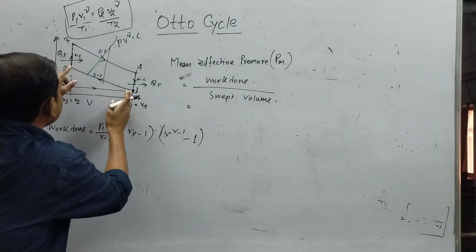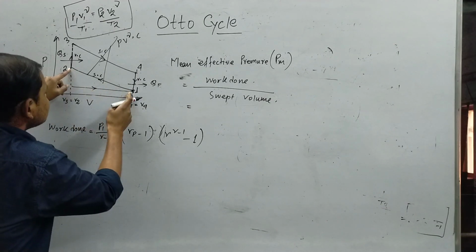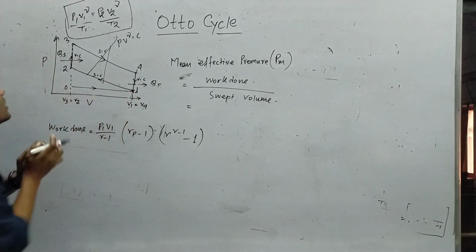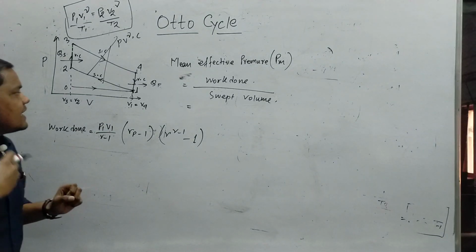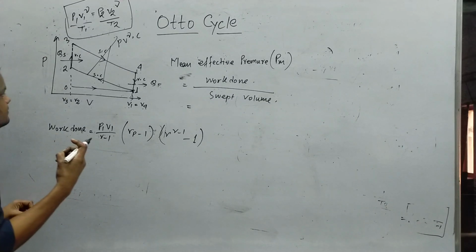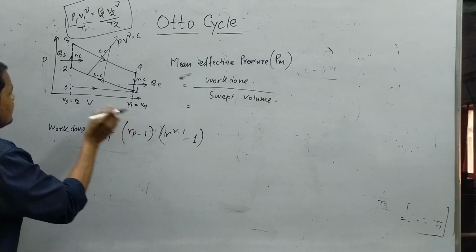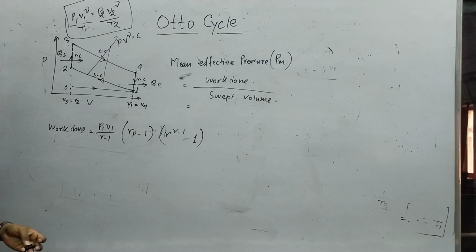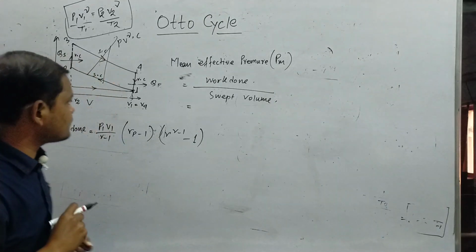The volume between these two is called the swept volume, and it is the difference between the total volume V1 and the clearance volume. If we deduct the clearance volume from the total volume, we get the swept volume.